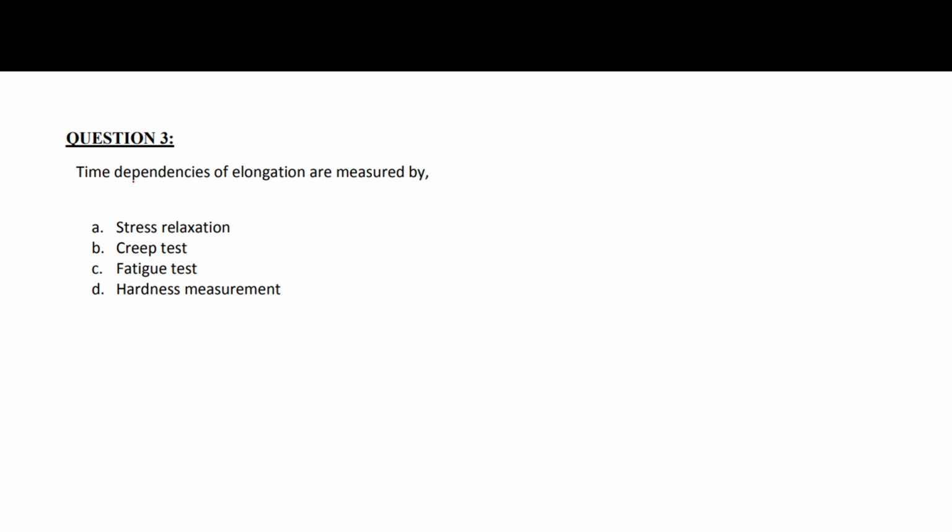Then the next question is: the time dependent elongation is measured by which experiment? First I will discuss how the experiments look. Stress relaxation means you apply some constant strain to your material, and how this material releases its stress is measured by the stress relaxation experiment.